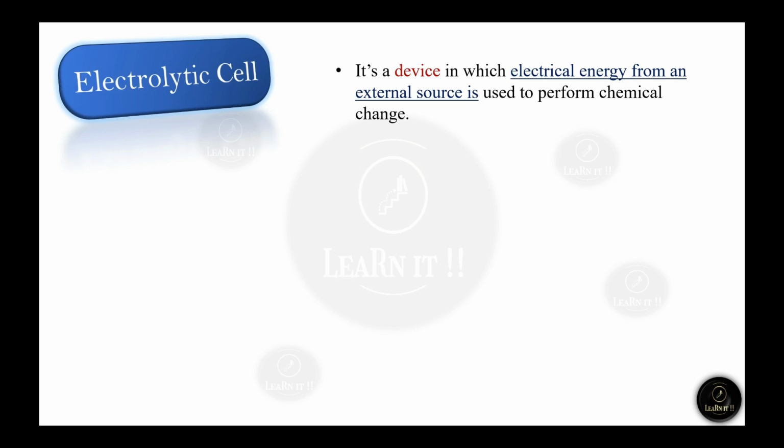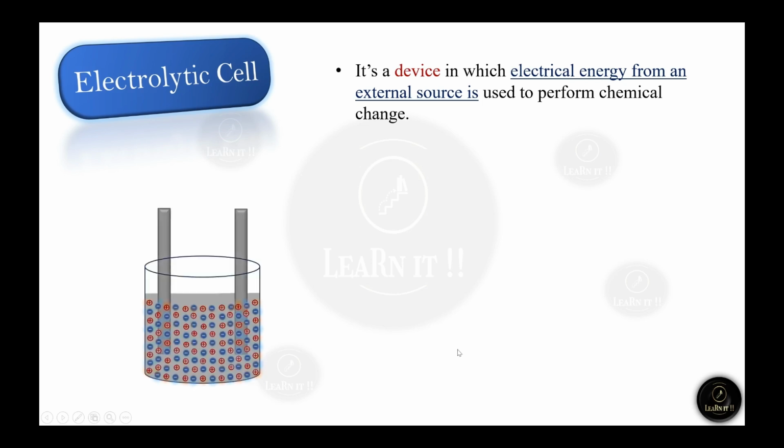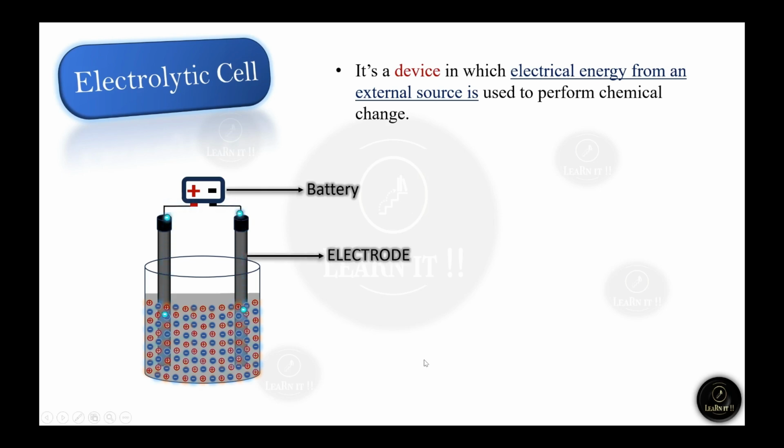So let us look at an arrangement of electrolytic cell. Consisting of three parts. First one is battery. We know battery acts as a pump of an electron. Second one is electrode. Third one is electrolyte.